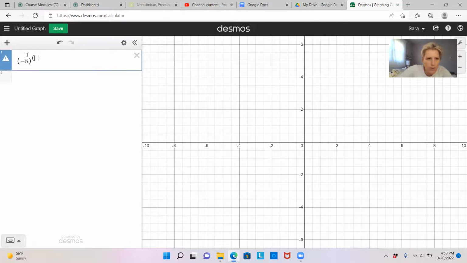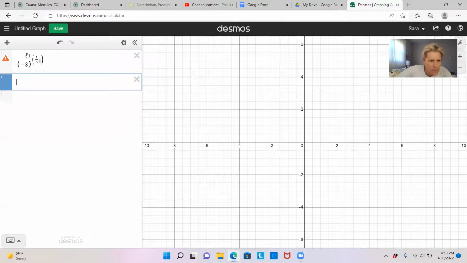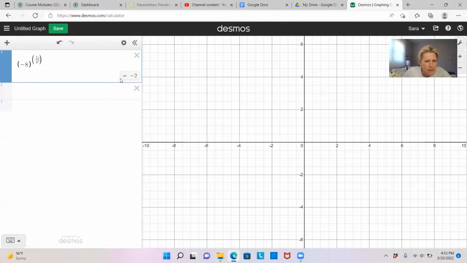We're going to raise that to the 1/3, and because my exponent is a fraction, I'm going to put that in parentheses so the exponent stays together. Okay, and you can see that's a negative 2.